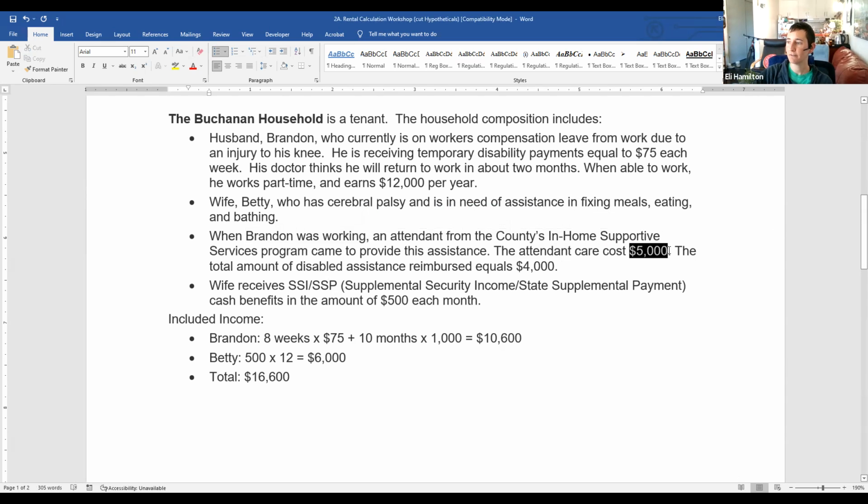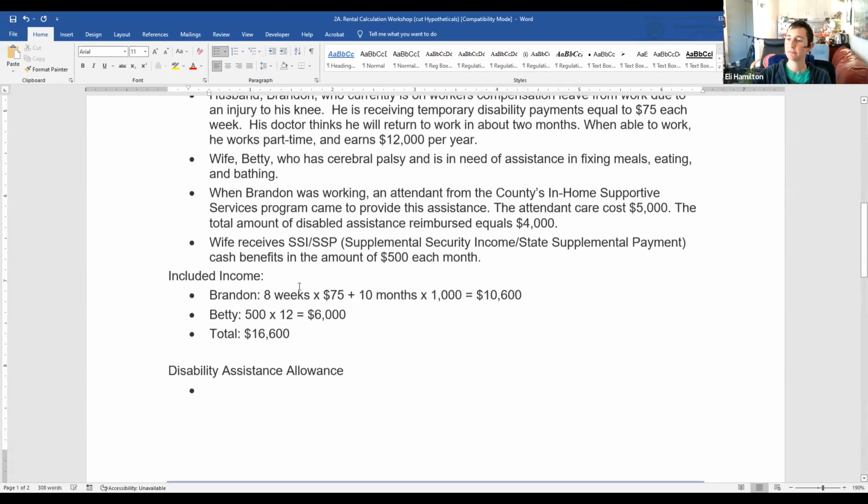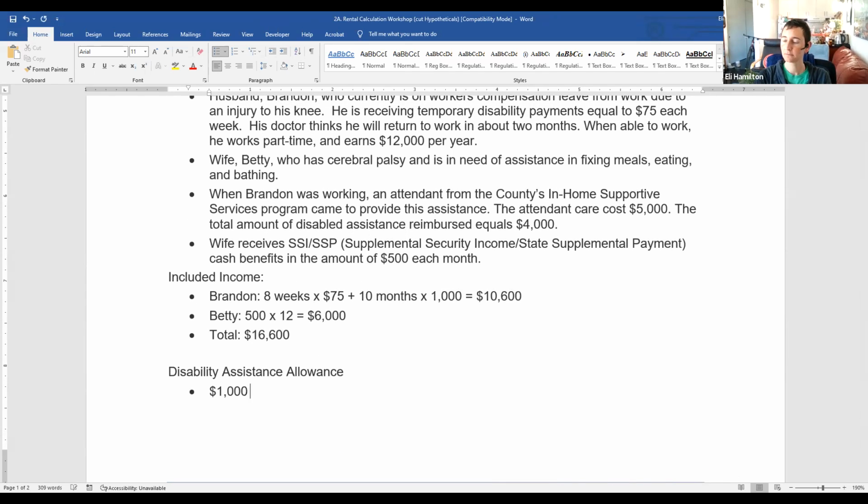We have this total cost of 5,000. We know we subtract the reimbursement, which is 4,000. So it's an attendant care cost of 1,000 a month. What does that mean for how much we adjust the income? If it's 1,000 a month, how much do we remove?